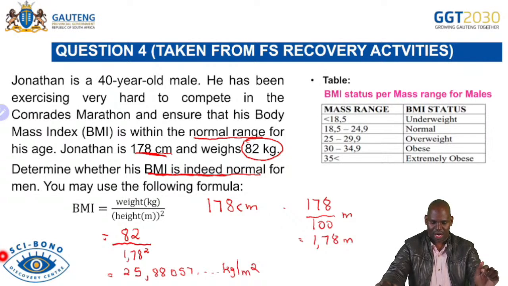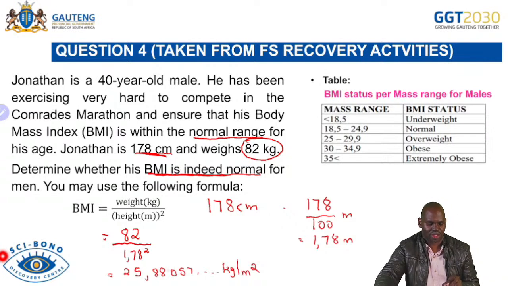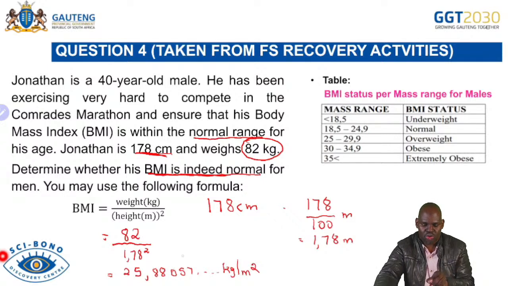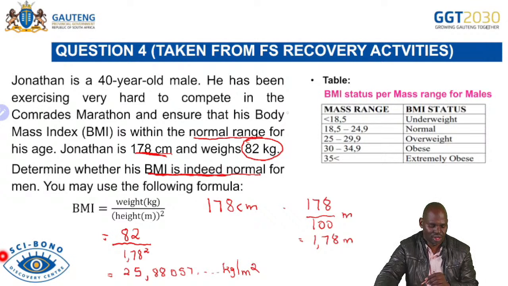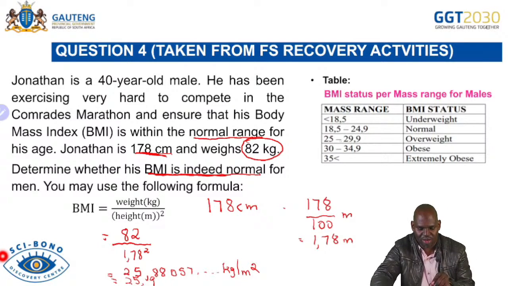Kilogram per square meter. Now, I think in this case, it's going to be much easier if you just round off to one decimal place, because look at the range. The ranges that are given there have at most one decimal place. So this one is 25.9. Now we have to check if it matters in this case. 25.9, where does it fall?